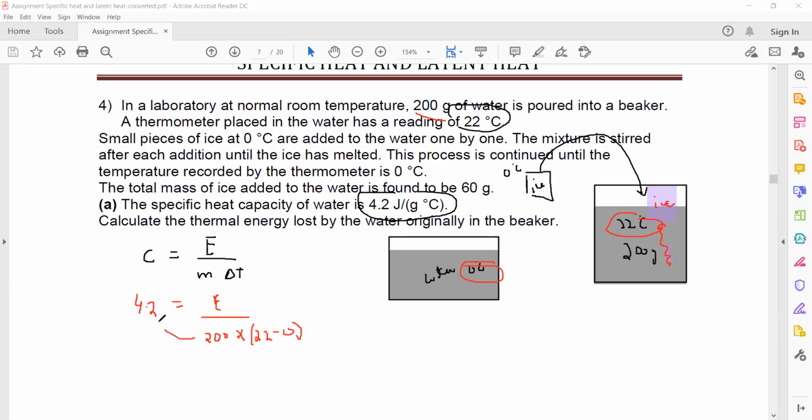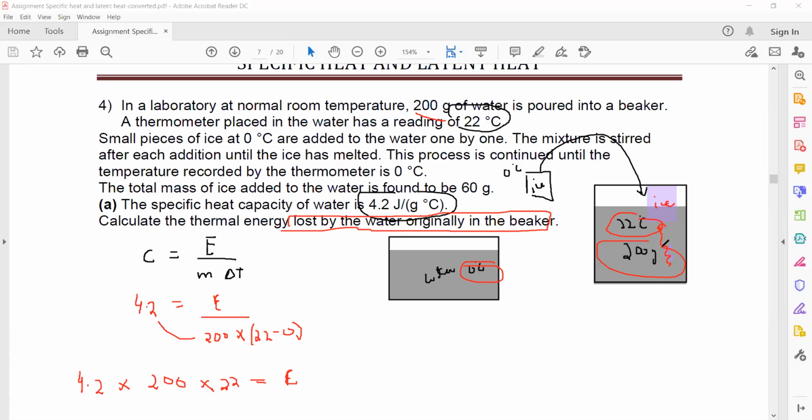So these are divided, other side multiply. So 4.2 multiplied by 200 multiplied by 22. What's the final answer? The ice mass is 60, so the total mass will be 260. But in the question, if you see, they ask calculate the thermal energy lost by water originally in the beaker. So originally there was 200 gram.